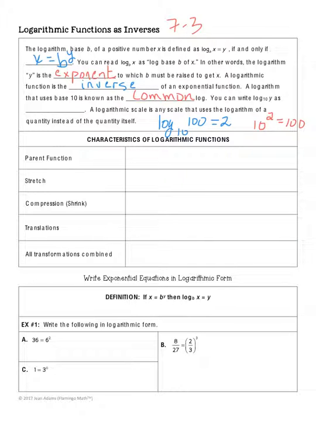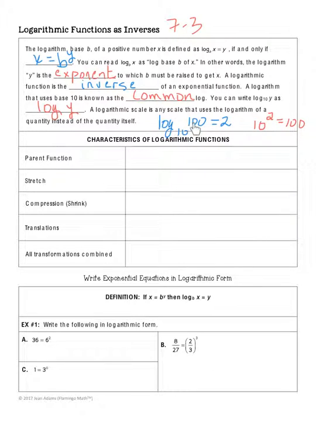You can write log base 10 of y, some number, as just log of y. You can drop that base 10. Essentially, if you don't see a base here, it's understood that it's got a base of 10. Normally, we would not write this log, which has a base of 10, with a 10 here.